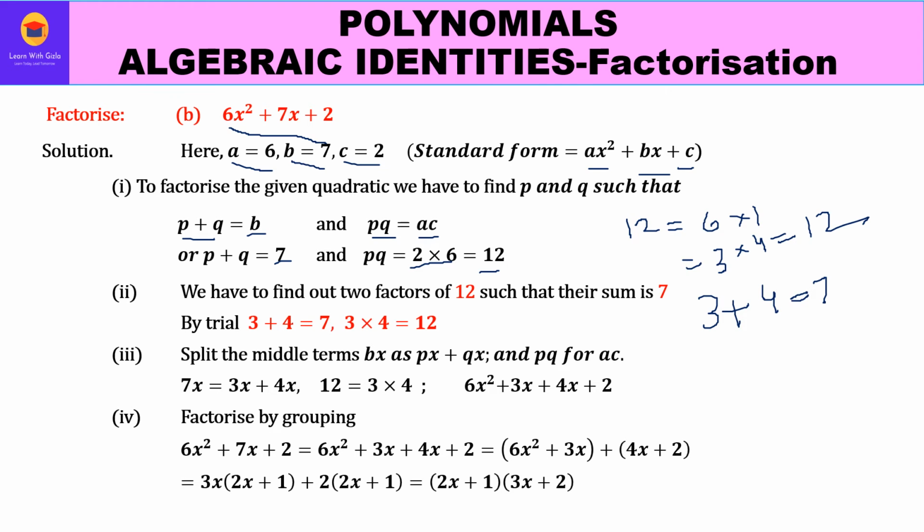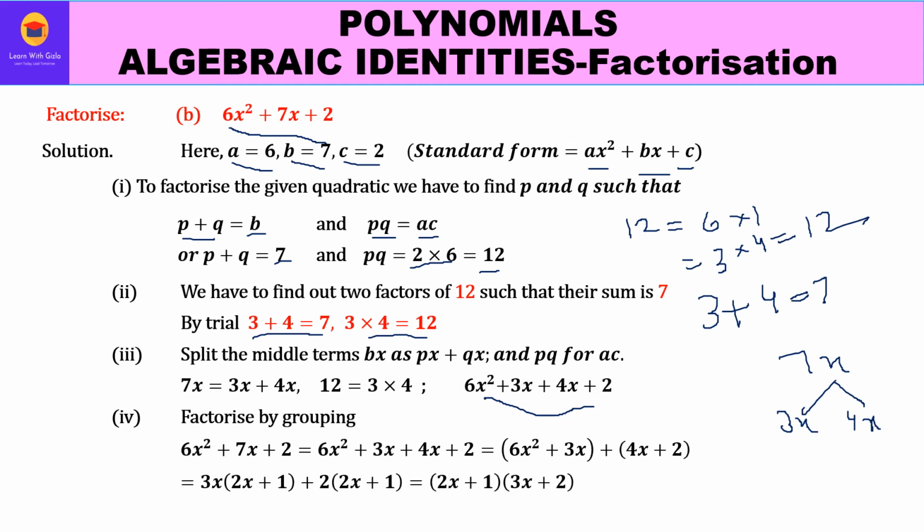So these are the two suitable p's and q's, right? Their sum is 7 and their product is 12, right? So the middle term 7x can be split into 3x and 4x, right? And further we will group.